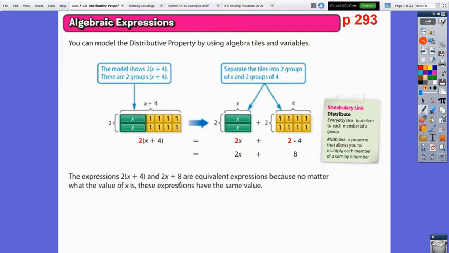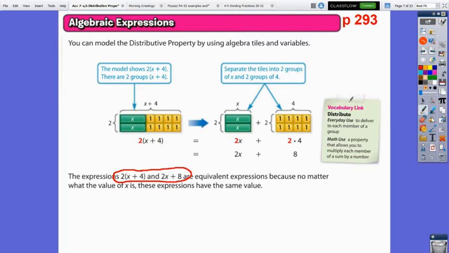And that's what it mentions down here, that these are equivalent expressions. These are equivalent algebraic expressions because they still have the variable in them, but you can't simplify this any further. You cannot combine 2 x's plus 8 because you don't know what the value of x is.